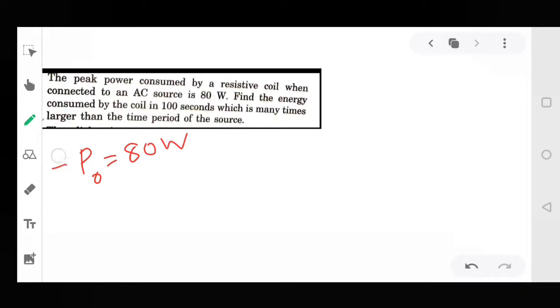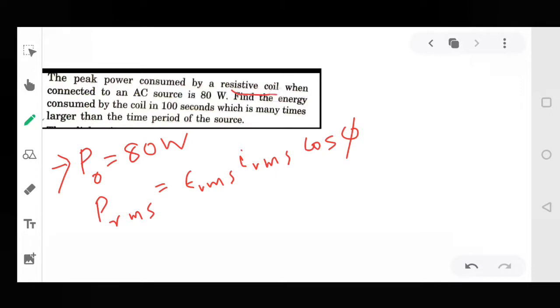This is peak power. Now see, PRMS is ERMS multiplied by IRMS cos phi. Now this is a purely resistive coil, so that means this cos phi term is 1.